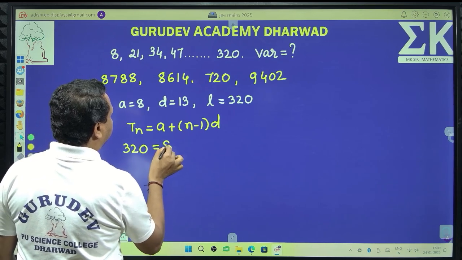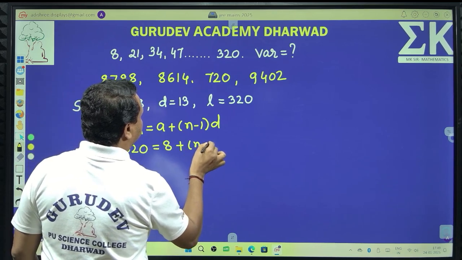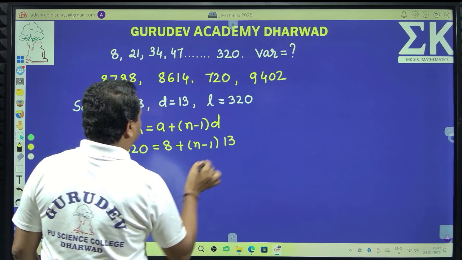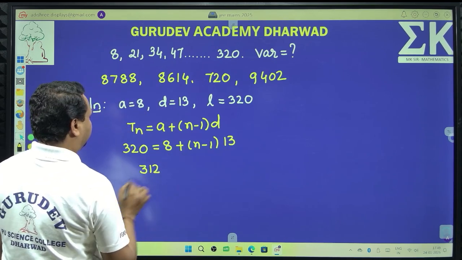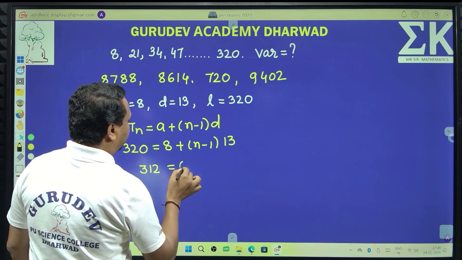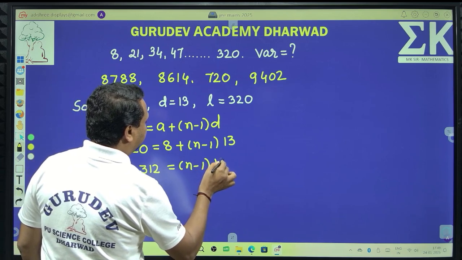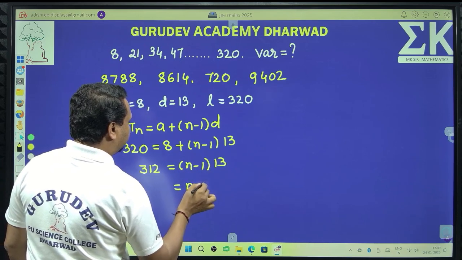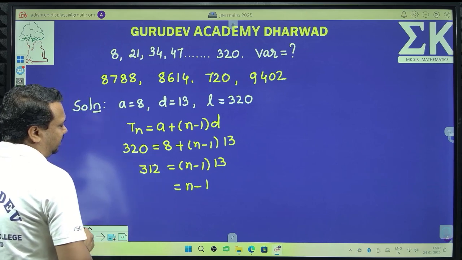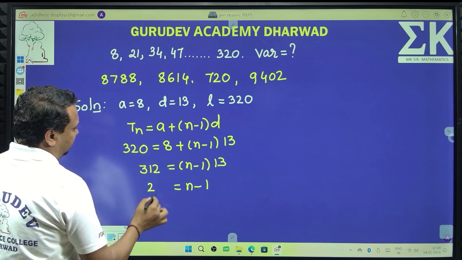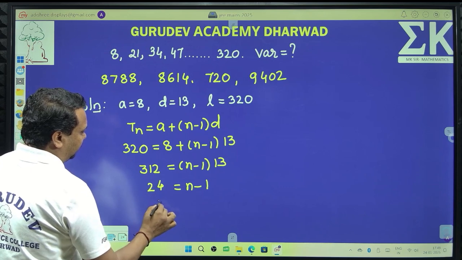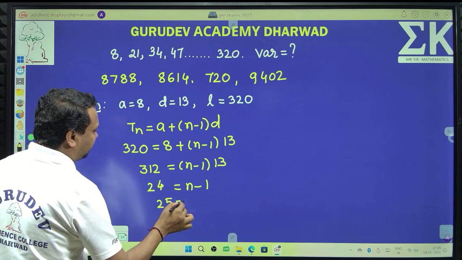What is A? 8. N minus 1, what is D? 13. 320 minus 8, how much is that? 312. So 312 is equal to n minus 1 into 13. Therefore, n minus 1 is 312 divided by 13. 13 ones are 13, 13 twos are 26, 13 fours are 52. Therefore, n is equal to how much? 25. Perfect.